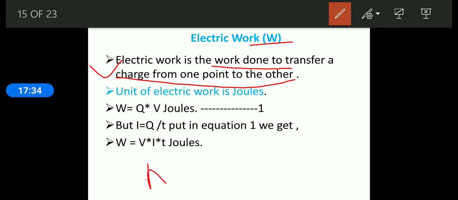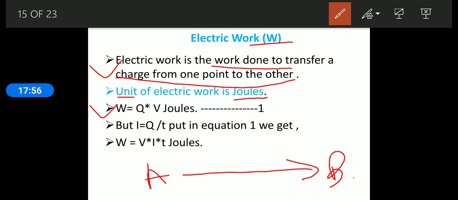This is point A, this is point B, and we transfer the charge or electrons from point A to point B in an electrical circuit. The unit of electrical work is joules. Mathematically it can be given as W equal to Q into V joules.